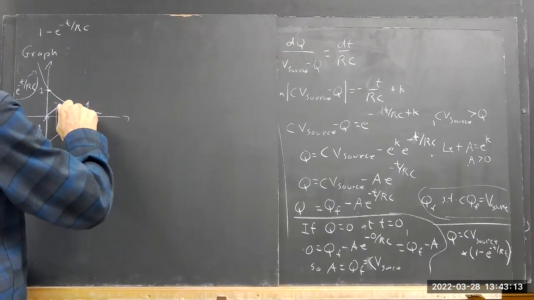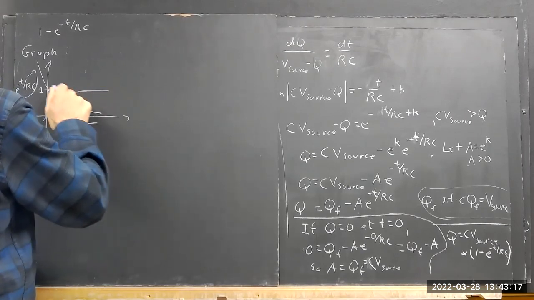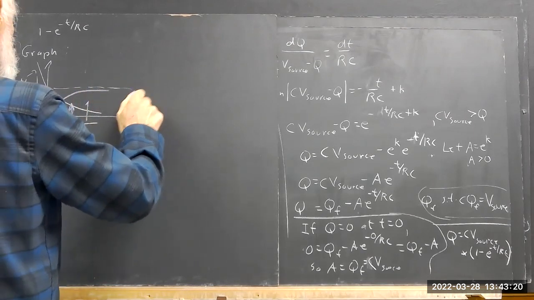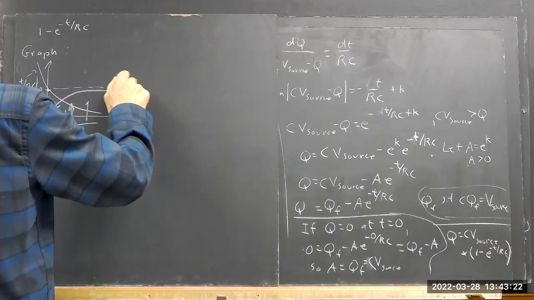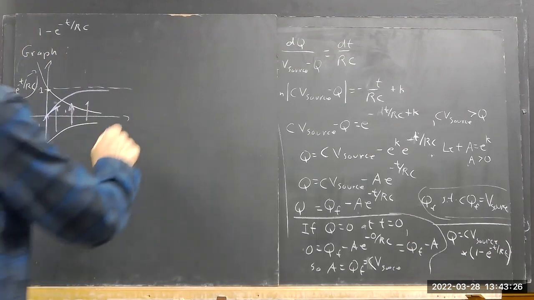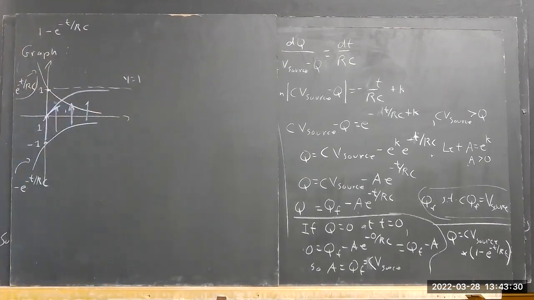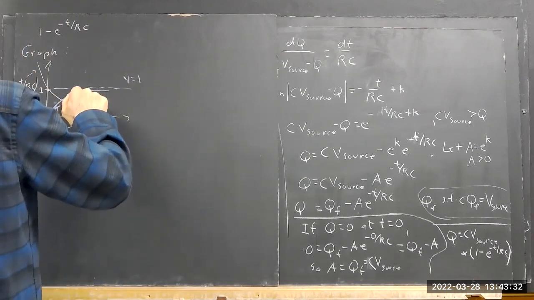And you get, I didn't do that very well, but you get a curve that approaches 1. Okay. This is y equals 1. Doing pretty well with this picture until I got to this point.